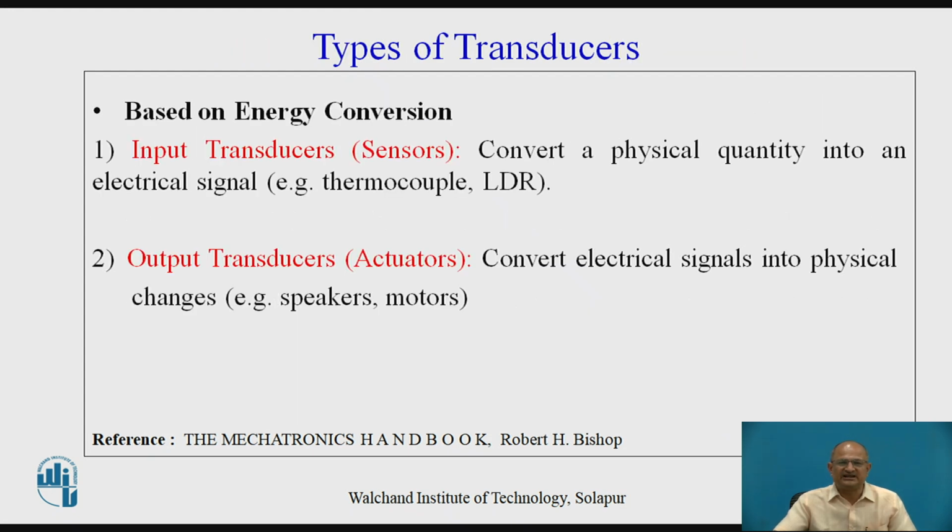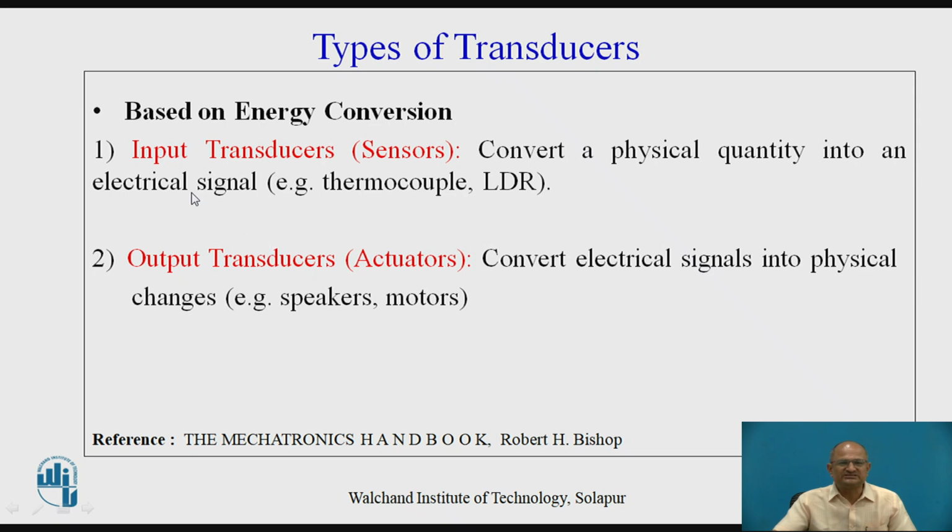Let us now understand what are the types of transducers. Actually, transducers can be classified in multiple ways, but here I have given a short way of classification, especially for undergraduate students.